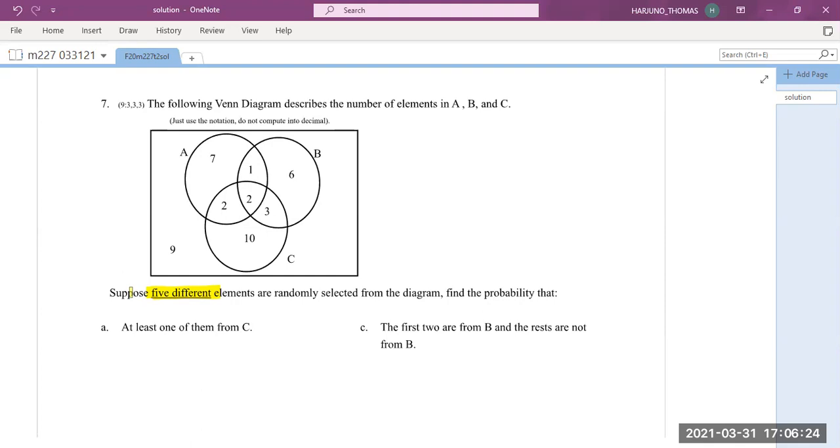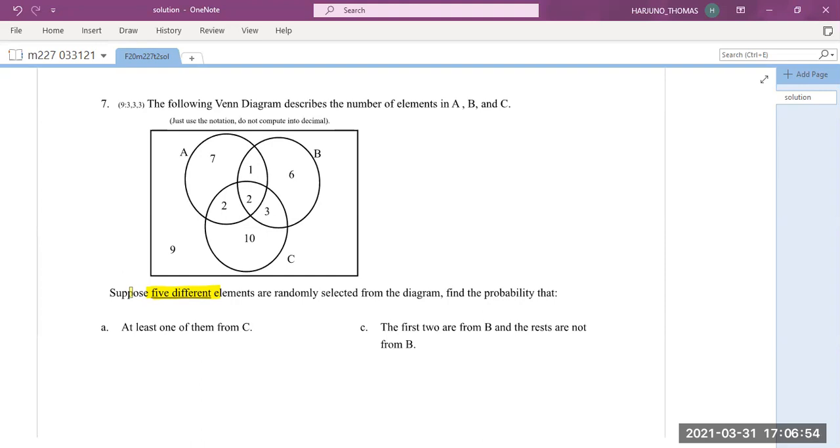Because if it is with repetition, it means you may do it 5 times and you end up with the same result, with the same element, which we don't want. So these 5 different elements, or simply say 5 elements, implies that it is without repetition.